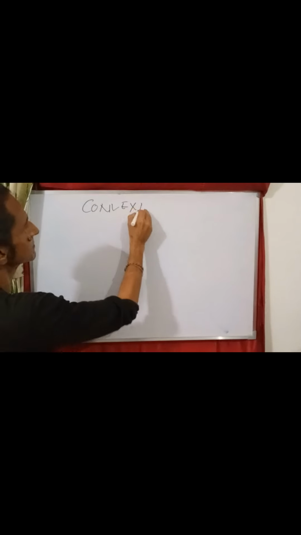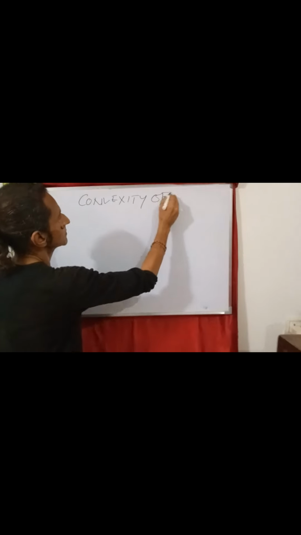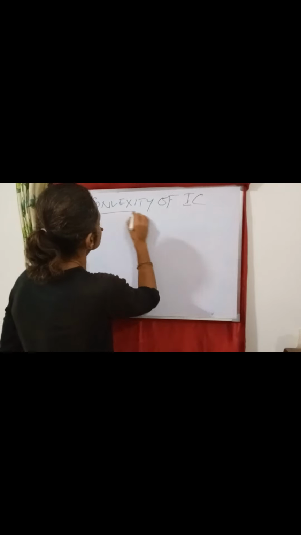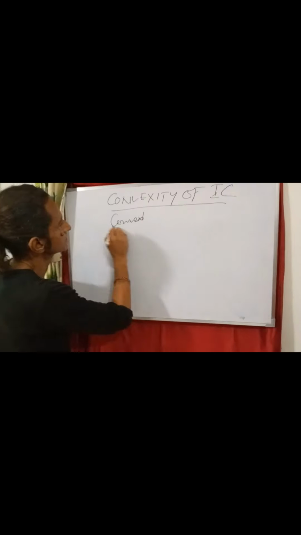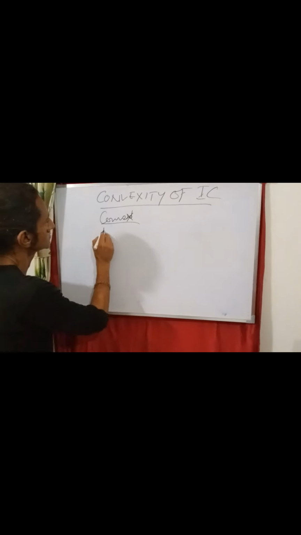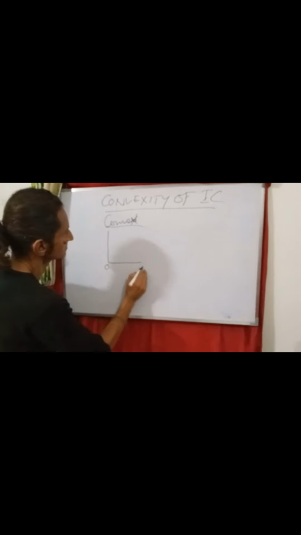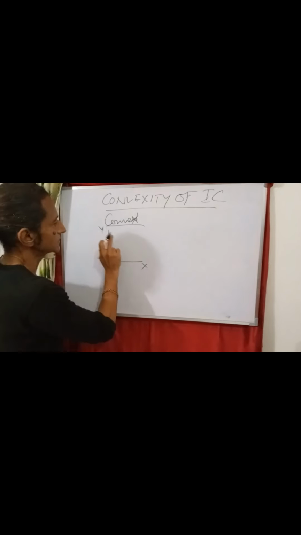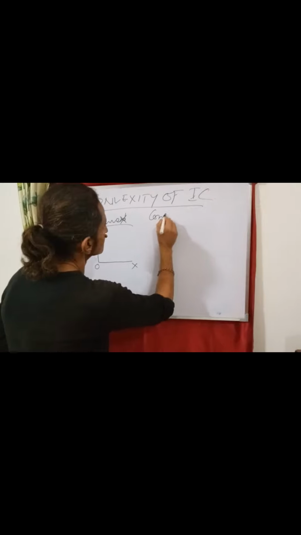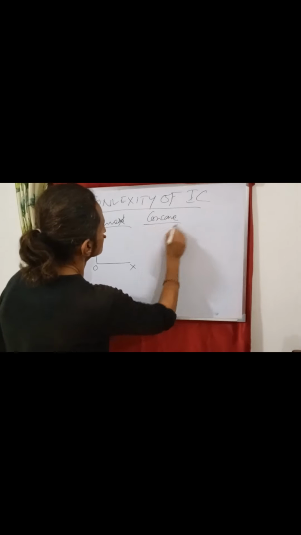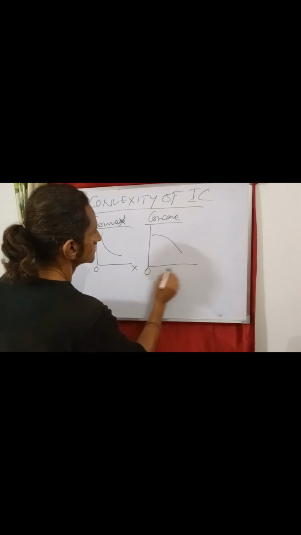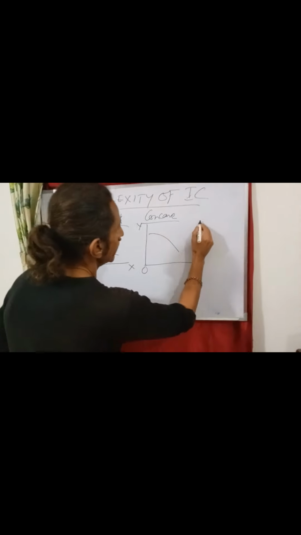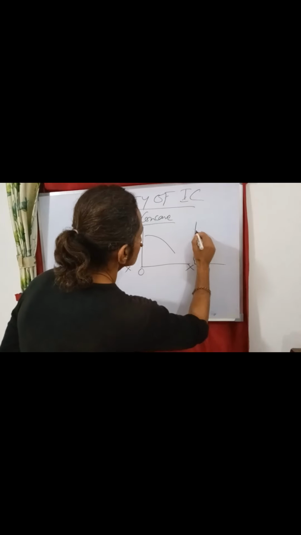Convexity of IC. We are drawing three indifference curves. This is convex. This is concave, and the last one is a straight line.